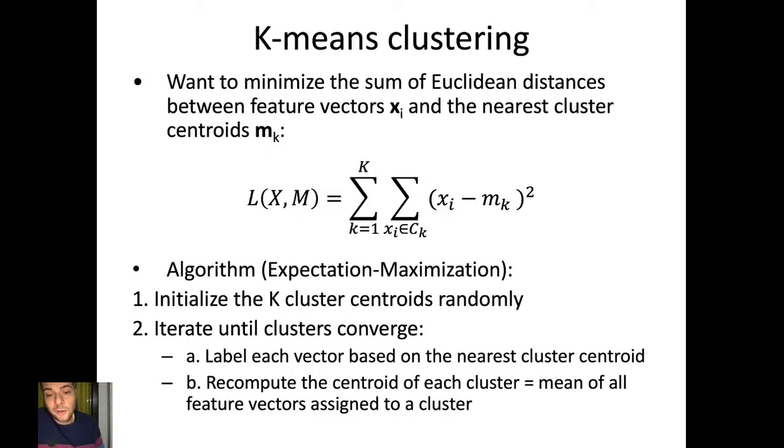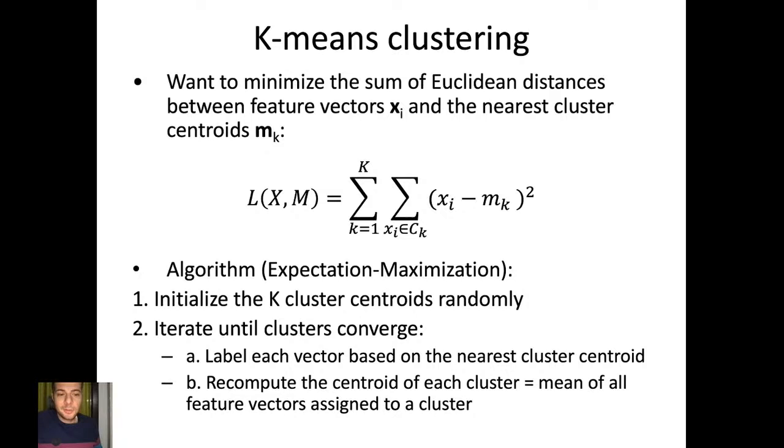So we just start with the assumption that some of the data samples are the cluster centroids, and then we repeat these expectation maximization steps, which is based on first labeling each vector based on the nearest cluster centroid.